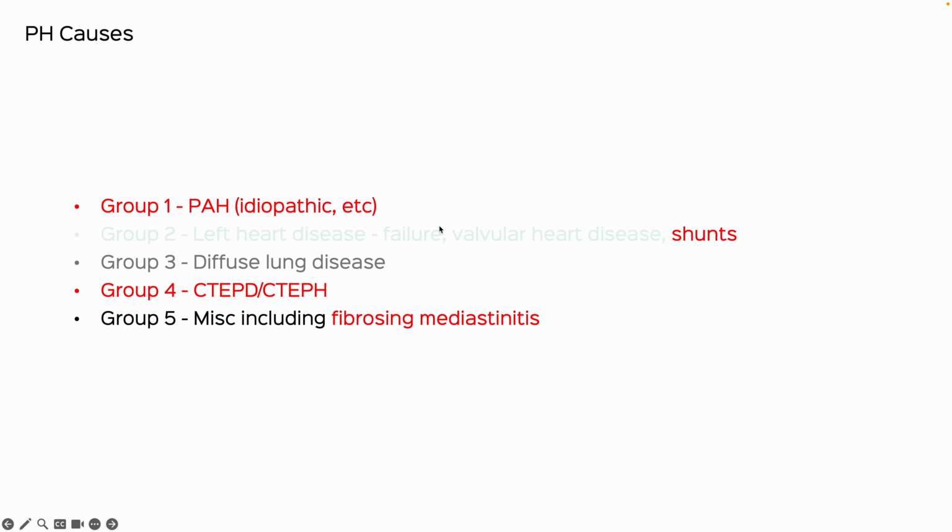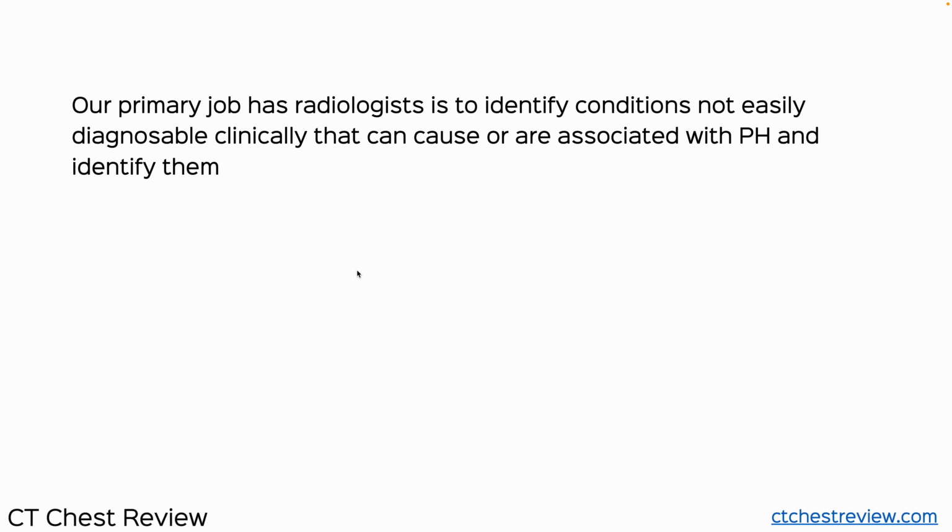And so that's where I come to. This is the difference we make. Picking up CTEPH or group 4 disease, shunts, group 2, PAH as a suggestion, and fibrosing mediastinitis in group 5, and in diffuse lung diseases we kind of just add value by documenting the MPA diameter.